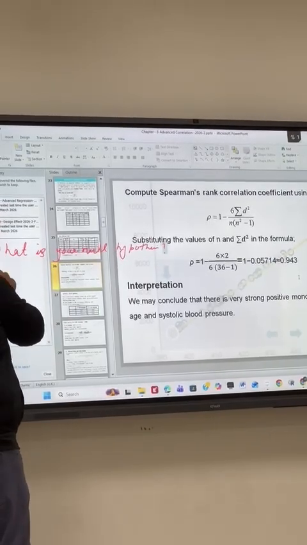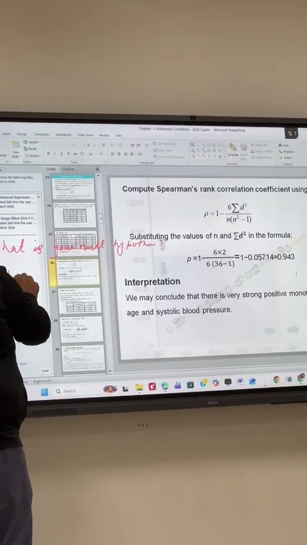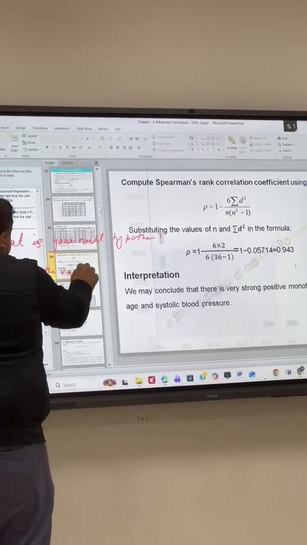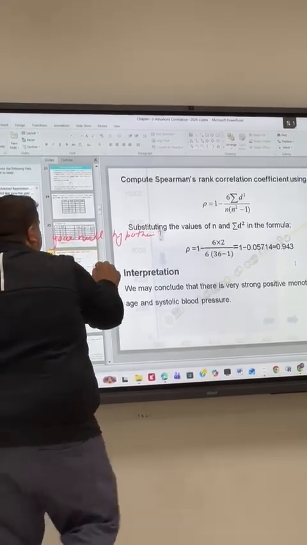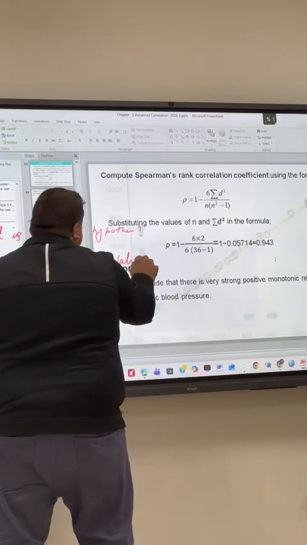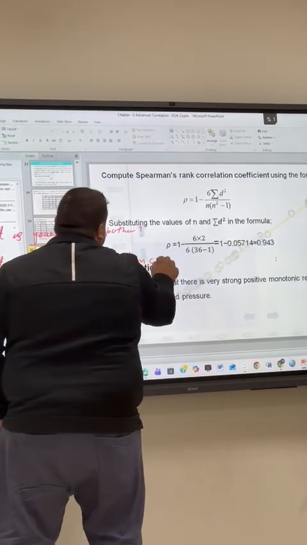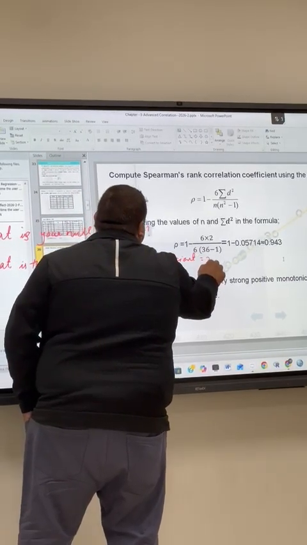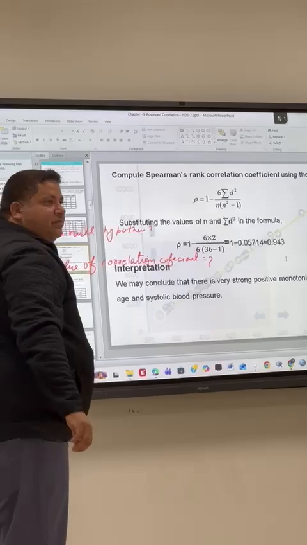Second question, what is the value of the correlation coefficient? Clear?